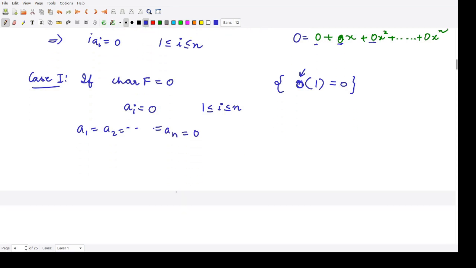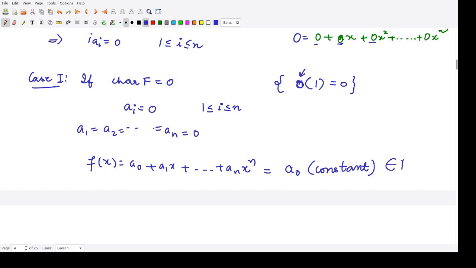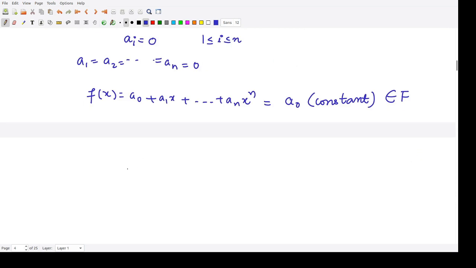If they are all equal to 0, our polynomial f(x), which was a0 plus a1x plus up to an x raised to power n, becomes nothing but a0, which is a constant. But this thing won't be true. Why? It would belong to F only. But this is a contradiction.